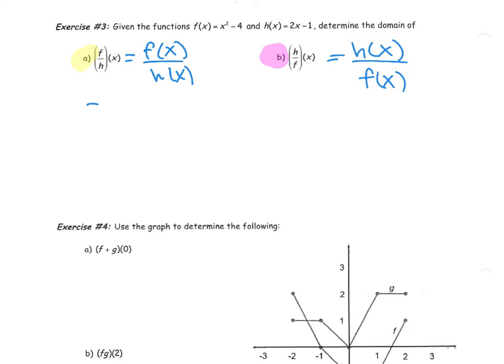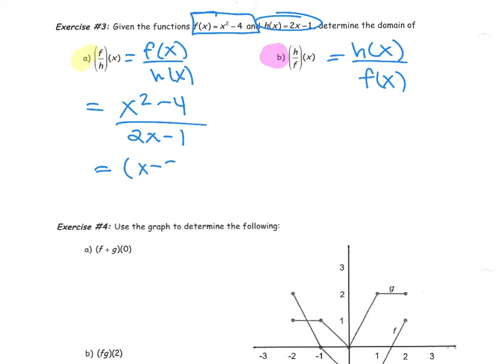We're going to write x squared minus 4, because that's what f of x is, all over 2x minus 1. I'm going to use dots because this is factorable, and this is also factorable. I can take out a 2 and write this like this, now I'm left with a fraction.